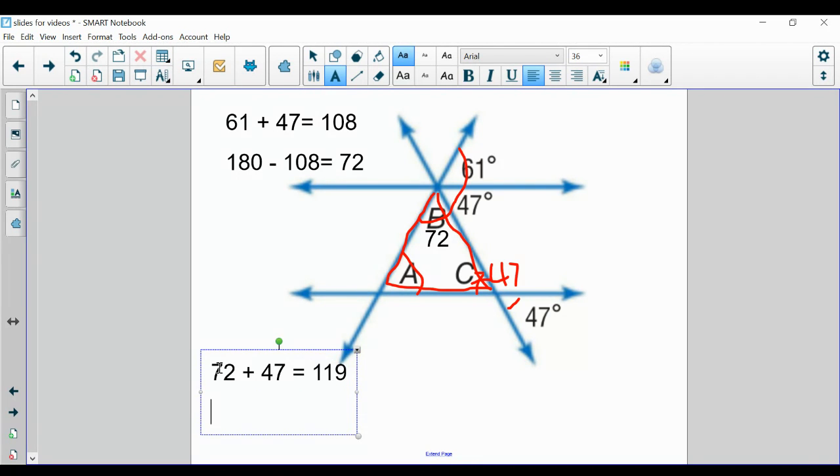So my missing angle has to be 180 minus 119 because that's all that I would have left. So I know angle A would be 61. I can say that angle A would equal 61. That's how I can find all the degrees that were missing on my picture.